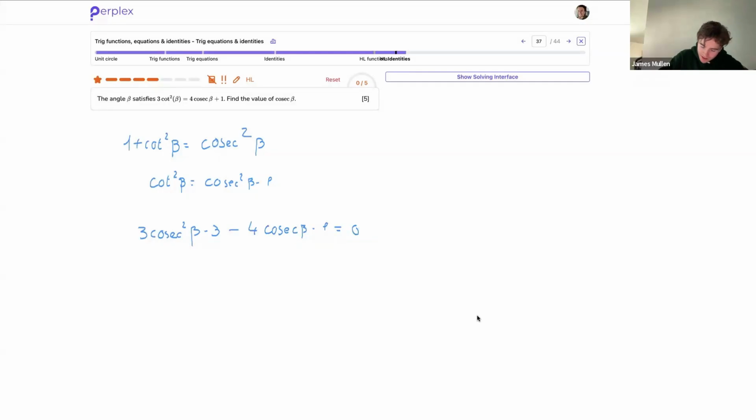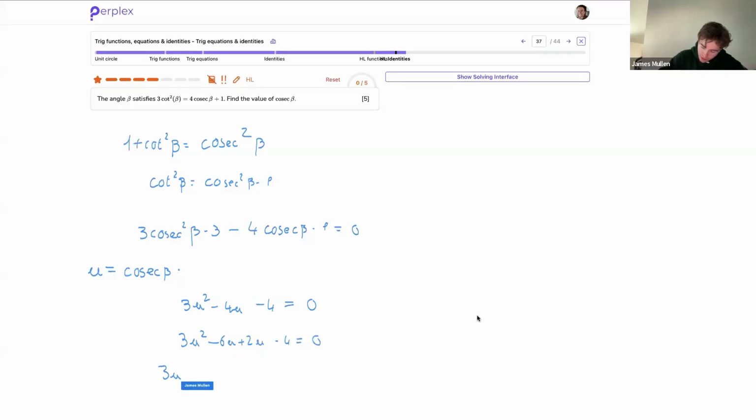Let u is equal to cosecant of beta. I get 3u squared minus 4u minus 4 is equal to 0. Using my quadratic equation, actually, can I factor this by hand? Yes, I can. This is 3u squared minus 6u plus 2u minus 4 is equal to 0.